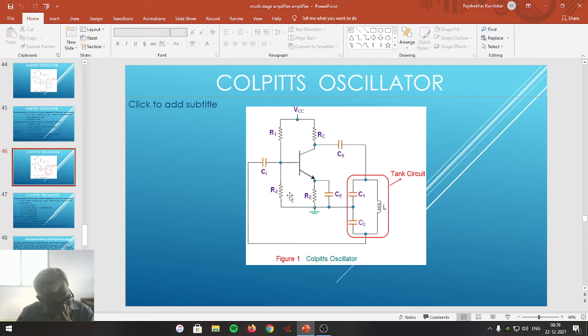This means the biasing method used here is the resistor divider biasing method, or voltage divider biasing method, which is formed by R1 and R2.